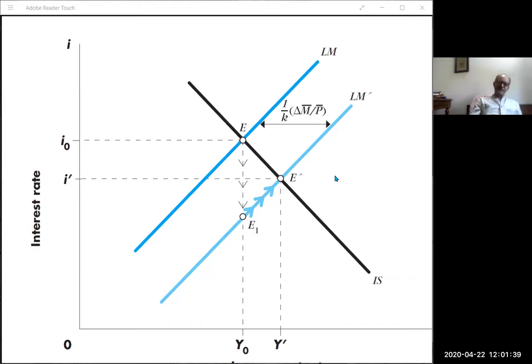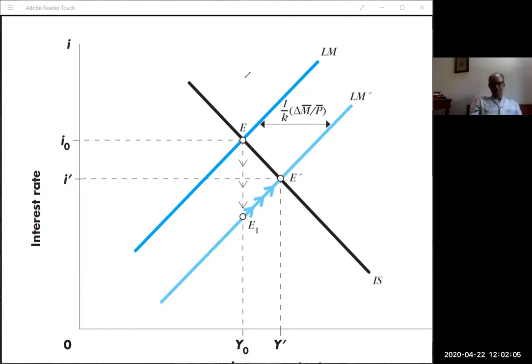What happens is that an increase in money supply, given the level of money demand, is going to reduce the rate of interest, and that reduction in the rate of interest means that investment increases. So investment increases means the aggregate demand increases, and this increase in aggregate demand would mean that the output will start to increase.